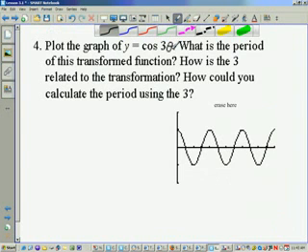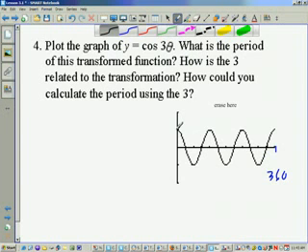Now plot the graph of y equals cosine of 3 theta. What happened to the period of the function? So if we take a look at this, now this is again 360. Now we have 1, 2, 3 cycles in that time.